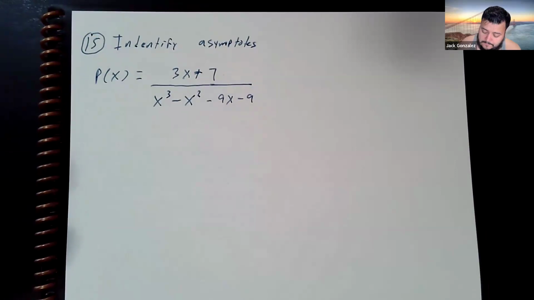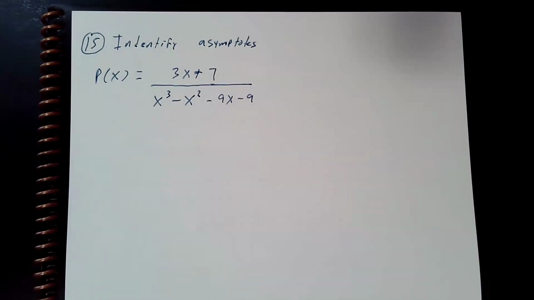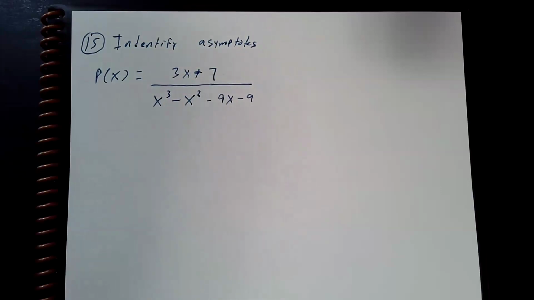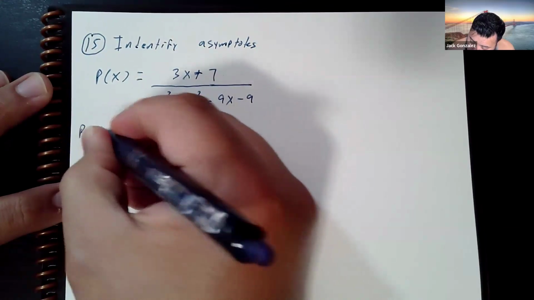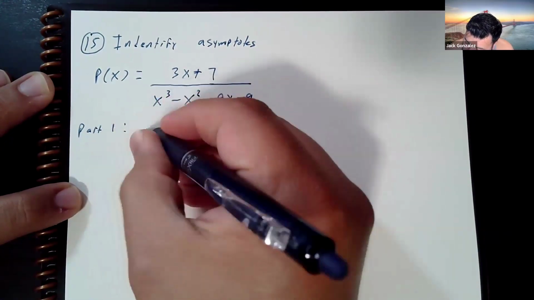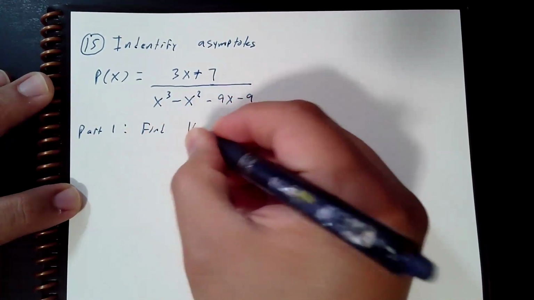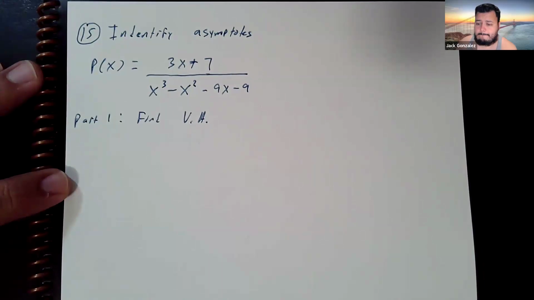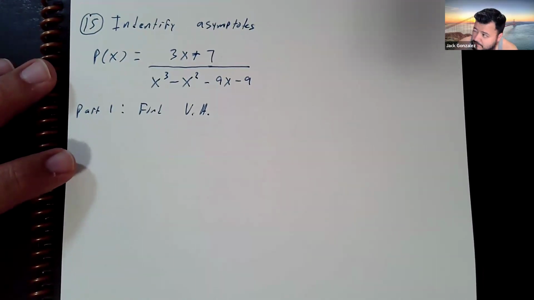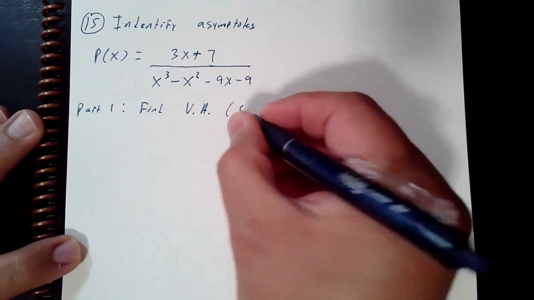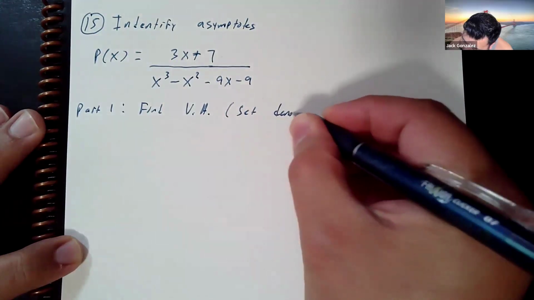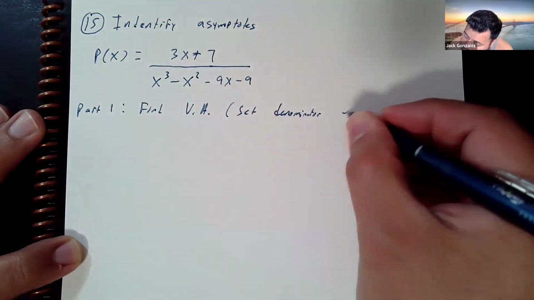So vertical asymptotes is part 1. Do you remember how to do it, what we did on Tuesday, Thursday? Set the denominator equal to 0. That's right.